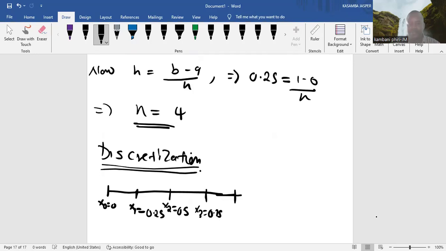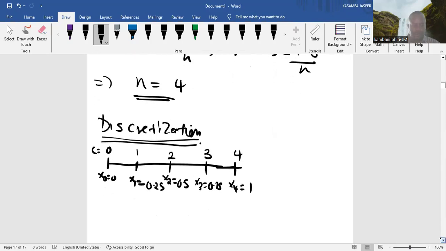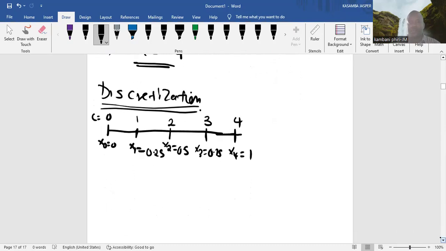Again, when we add the 0.25, we have x4, that is 1. Here you can say i is equal to 0, 1, 2, 3, 4. Now, for the finite difference method, we get the inner nodes. So we'll pick i is equal to 1, 2, 3. This is what we are going to pick.